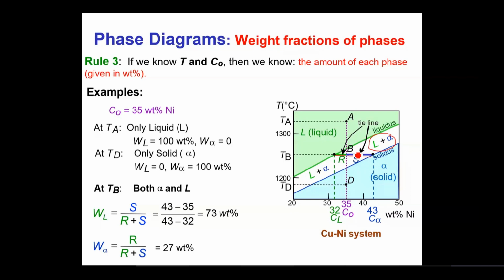If I want to find out the fraction of liquid at this point B, I'll take the distance S divided by the total distance, which is S plus R, which comes out to be 73%, and the remaining would be the alpha fraction. I hope this was clear to you guys.